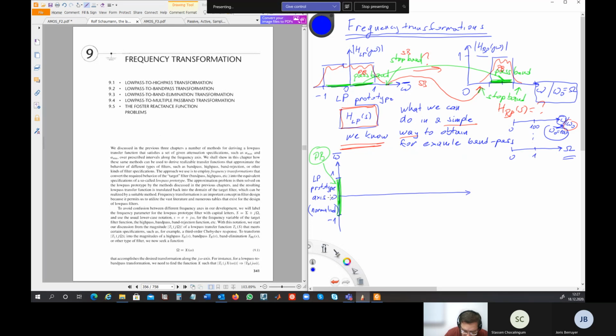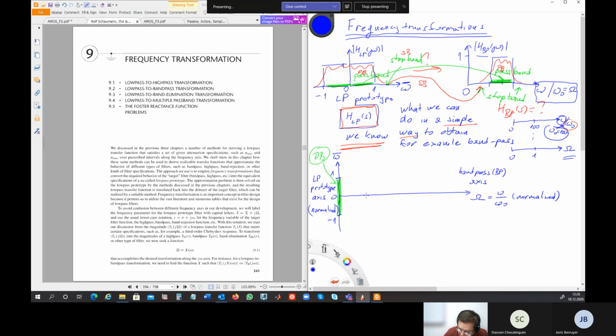And then we can here plot on this place a normalized frequency axis of the band pass filter. So the BP axis, of course, omega is something like omega over omega 0. It's also normalized.